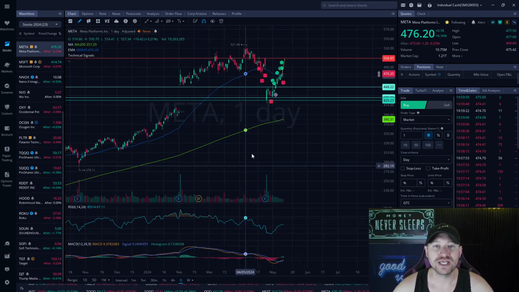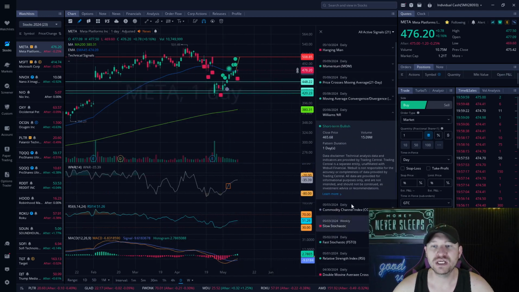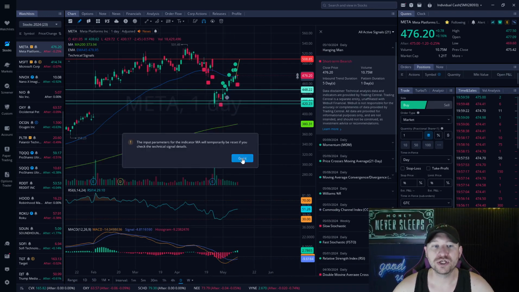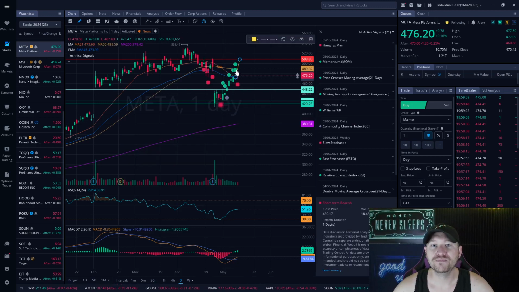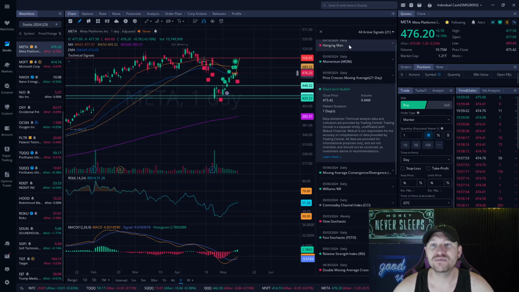Now, you can also look at the day, and this, on the Webull app, shows you different patterns like price crossing moving average, momentum, and moving average convergence divergence on the MACD, and these will give you good indications of whether they think this company is short-term bearish, long-term bearish, short-term bullish, and stuff like that.